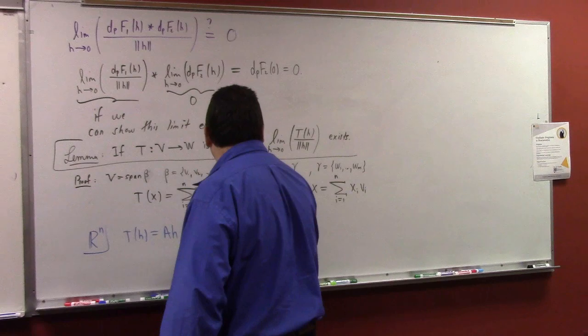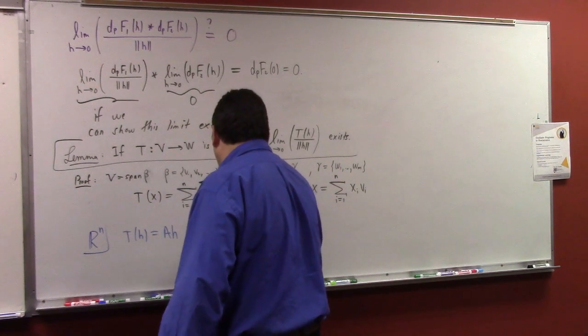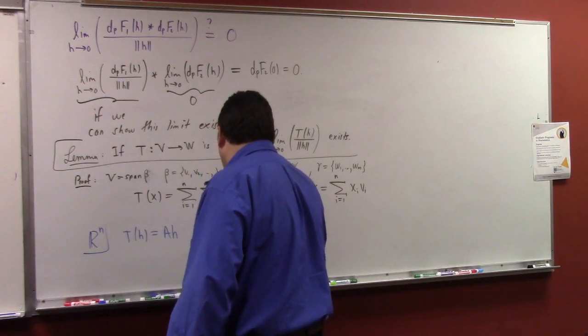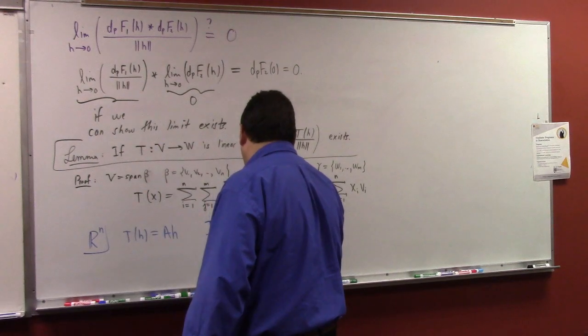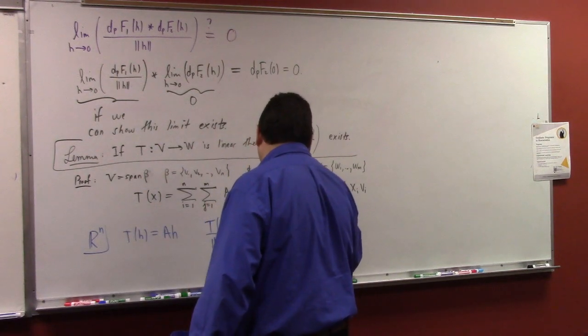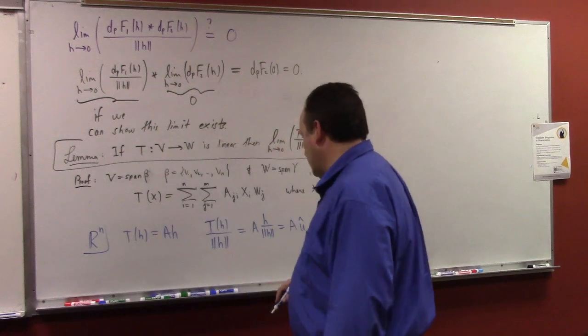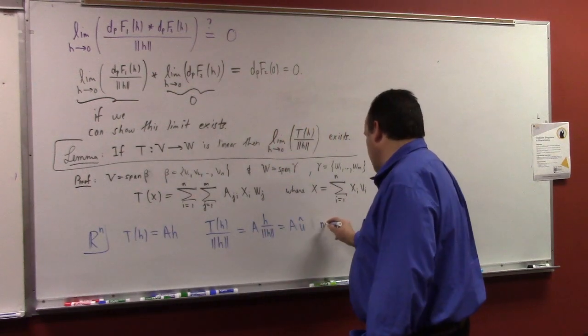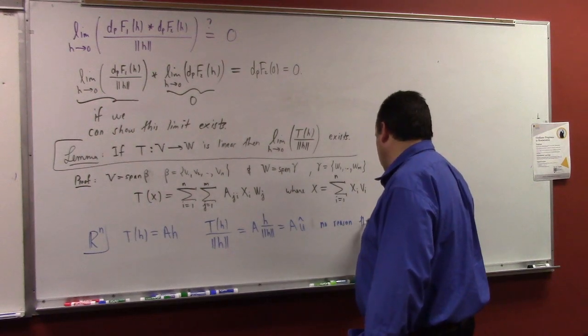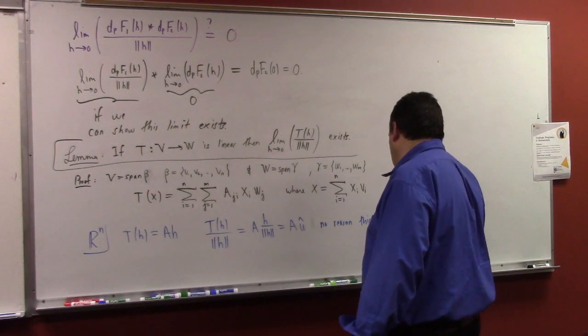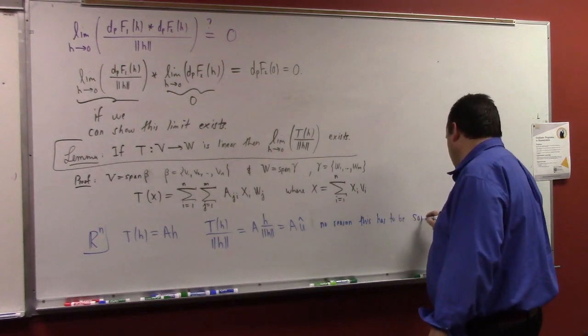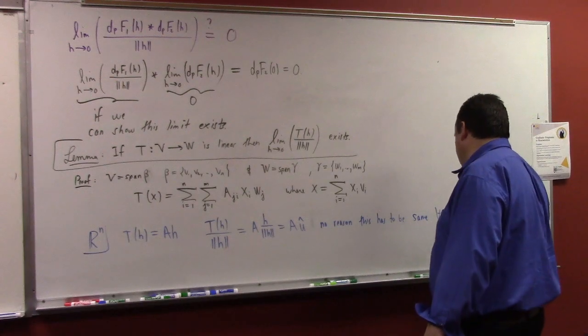And so when I look at T of h over norm h, what I'm up against there is equal to A times h over norm h, which is equal to A u-hat. There's really no reason this has to be the same for all u-hat.